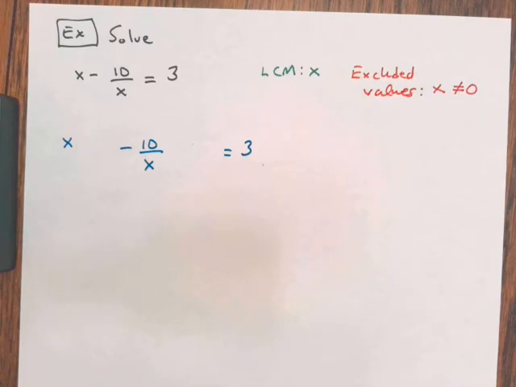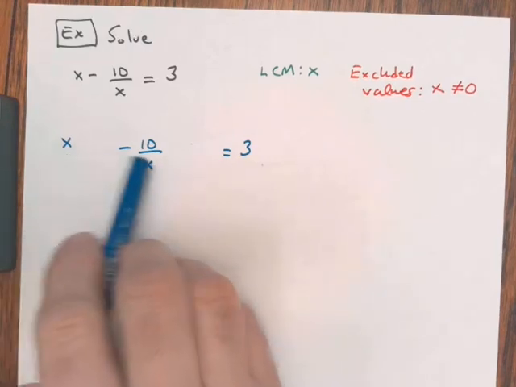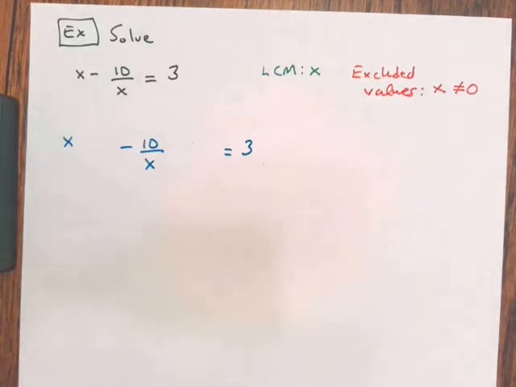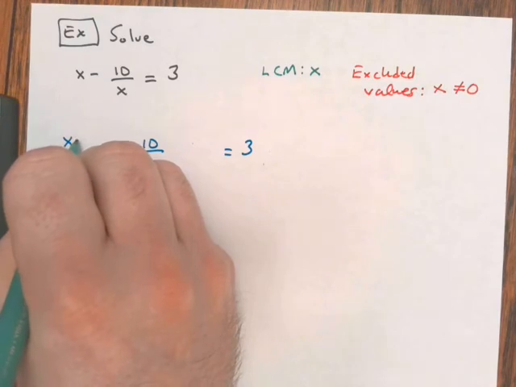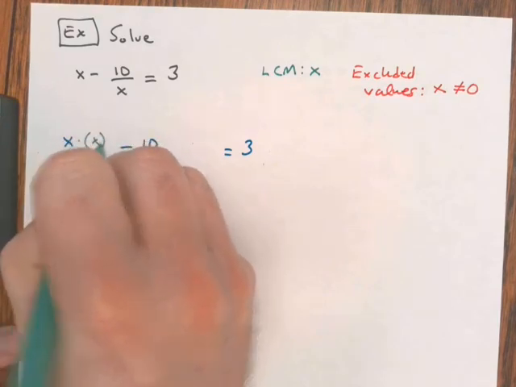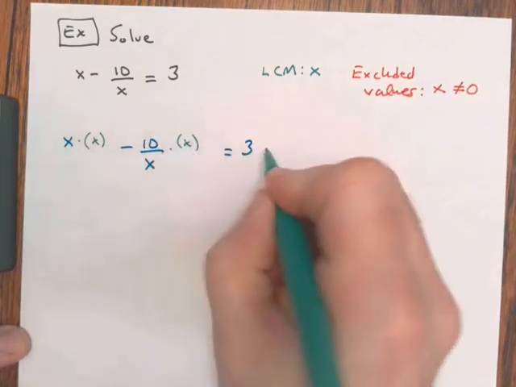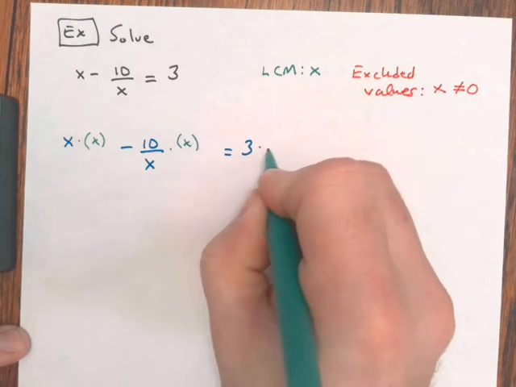And then what I'm going to do now is I'm going to multiply each of these 3 values, multiply both sides of our equal sign by that least common multiple, which is an x. So I'm going to multiply this side by x, multiply this side by x, and multiply this side by x.